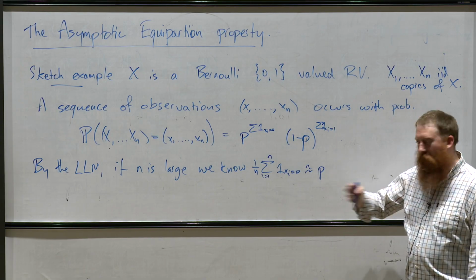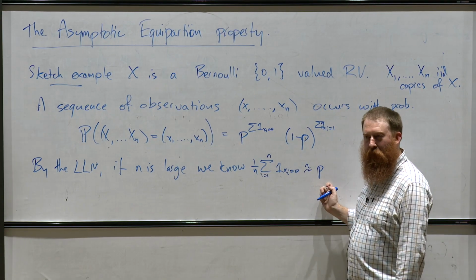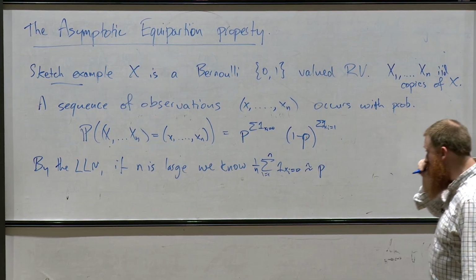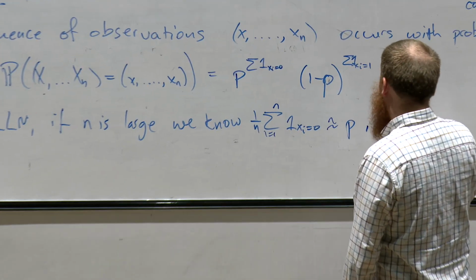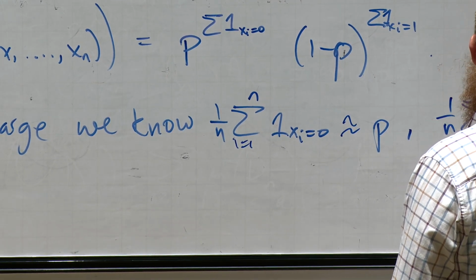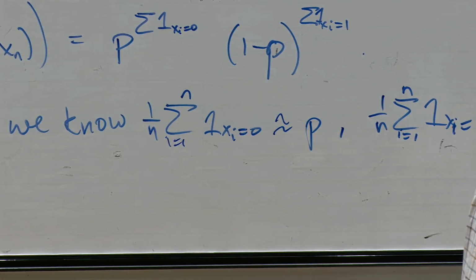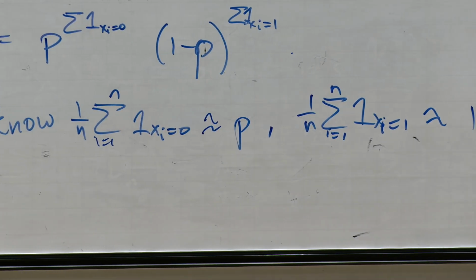If I count how many zeros I've observed and average it out, I'm going to get approximately p. That's just the law of large numbers. And similarly, 1 over n times the sum of the indicator xi equals 1 is approximately 1 minus p.